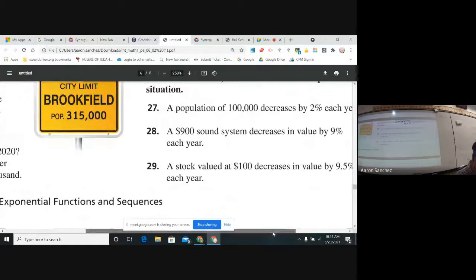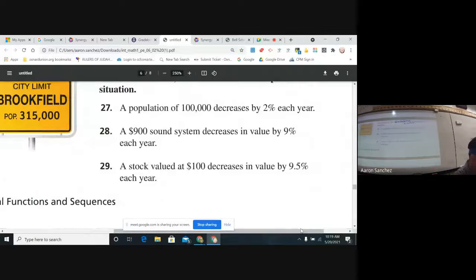A stock valued at $100 decreases in value at 9.5%. You want to make a lot of money? Invest in the stock market. You could lose money too, though. If you know what you're doing, at least you want to know what you're doing. If you invest in the long run, usually if you put money in and leave it there for 20 years, it'll grow.